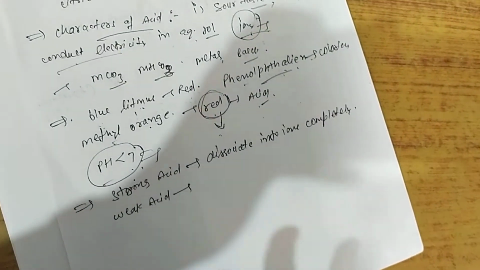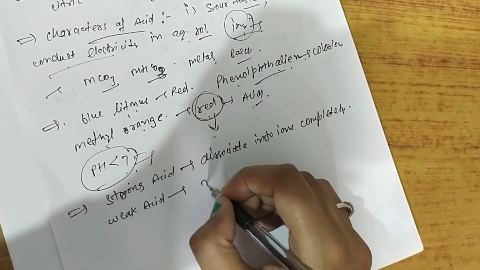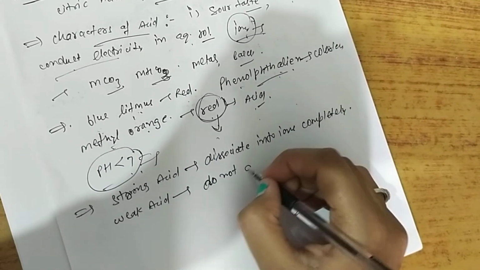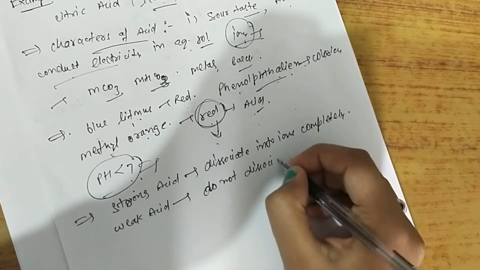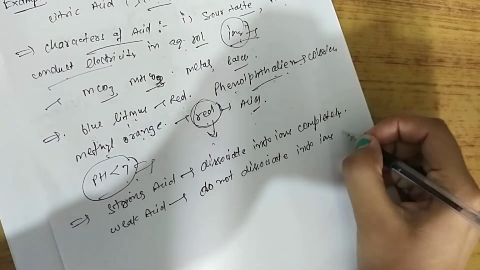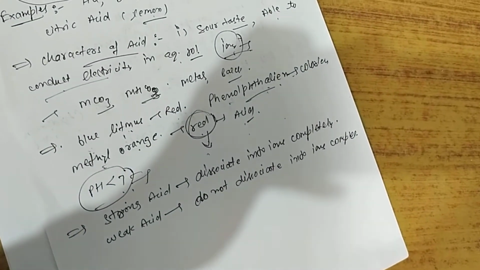Weak acids are those acids which do not dissociate into ions completely.